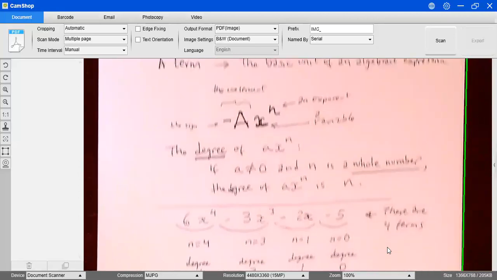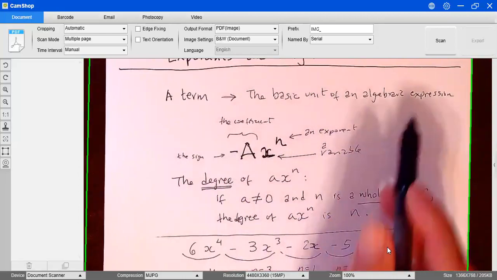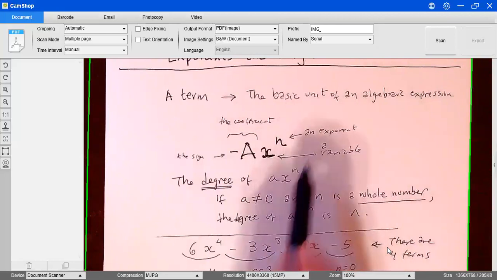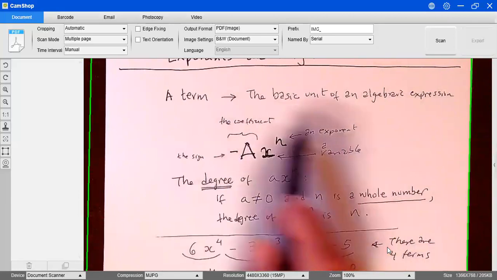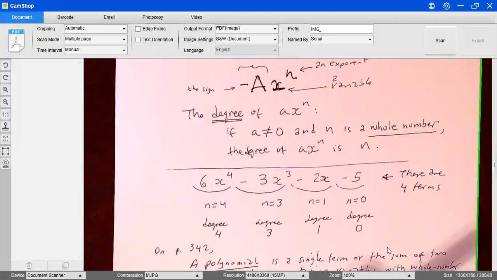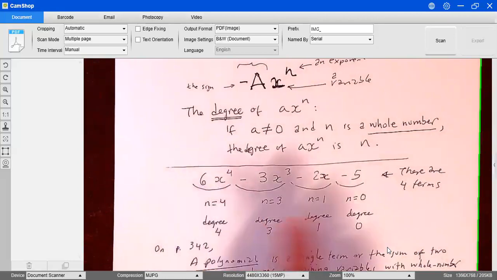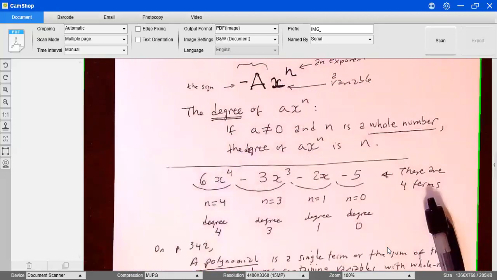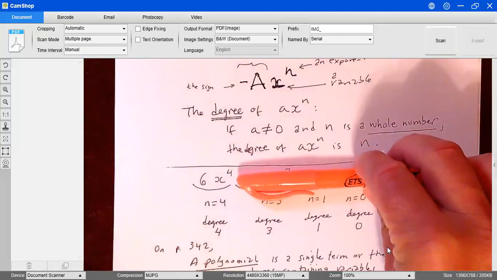So here, we are defining a term as the basic unit of an algebraic expression, but in the case when you have an exponent that is a whole number, then this term can be used to define a polynomial. So in other words, we have here four terms. Every term by itself is a polynomial. If you have only 6x to the 4, then we have a polynomial of degree 4.